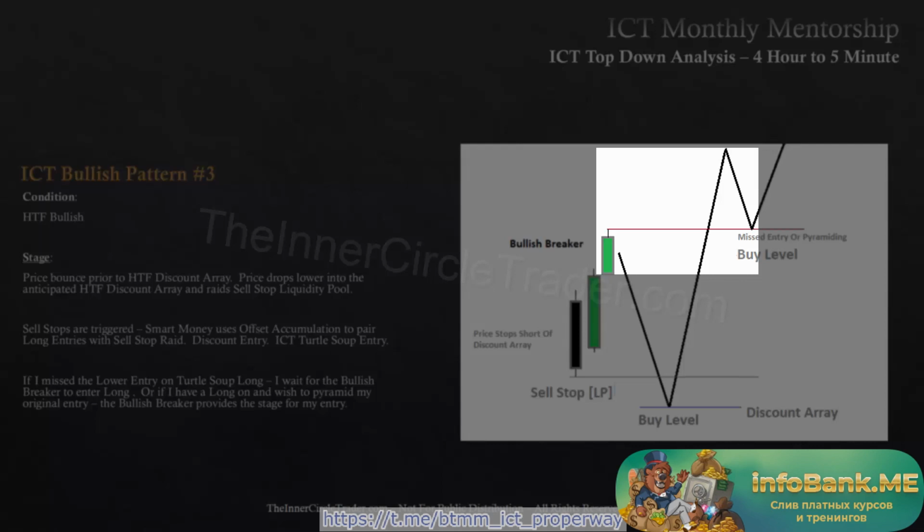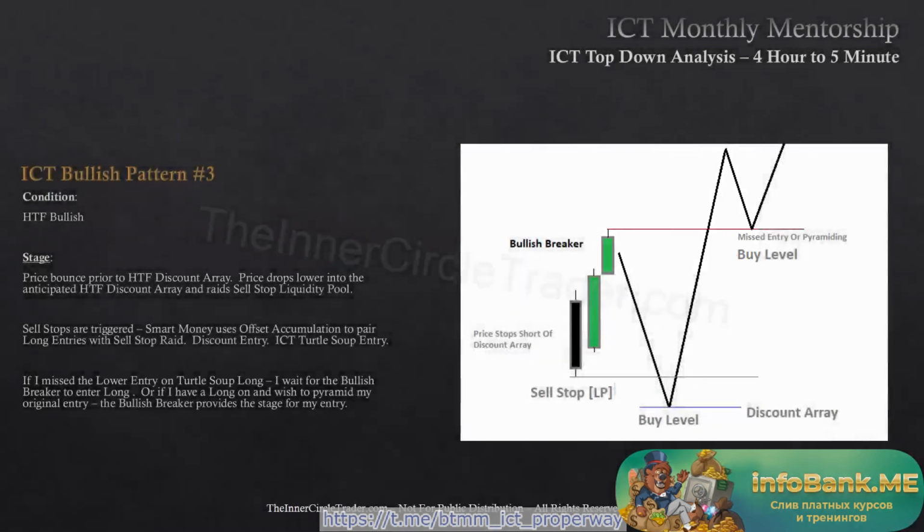In this portion of the range here, that's going to be a lower internal range liquidity or optimal trade entry. You won't see it like this, but on a lower time frame, it'll be an optimal trade entry. And it'll trade into a lower time frame bullish order block or a lower time frame discount array like a fair value gap. And then price will expand. But you will overlap with that bullish breaker seen here.